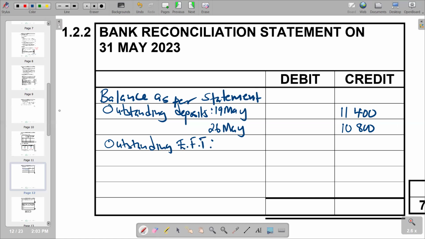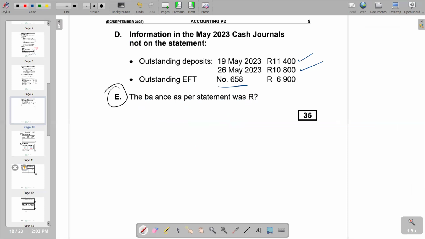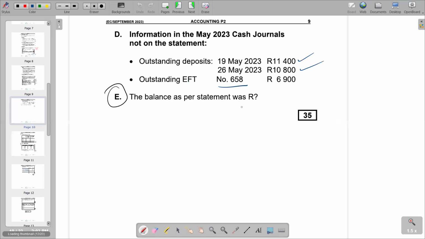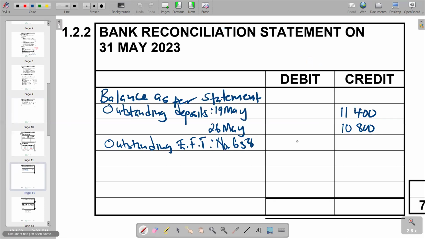It's number 658, and the amount that we have is 6,900. It should appear on the debit side, remember? It's an outstanding EFT, we got 6,900.